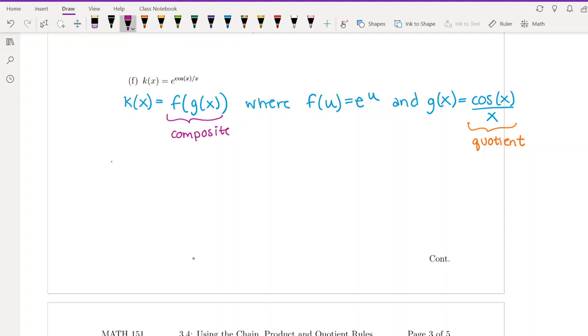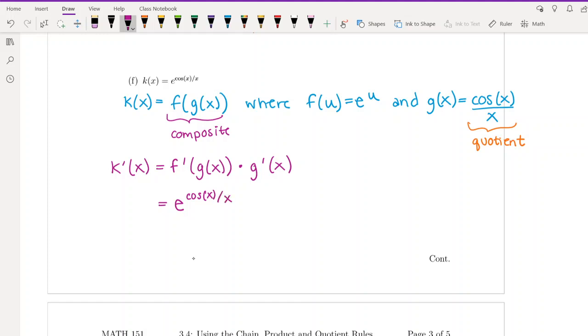The chain rule says that we take the outside derivative first, so we have f prime of g of x, and then we multiply that with the inside derivative. If the outside function is e to the u, then f prime of u is just still e to the u. So in this case, it's e to the cosine of x over x.